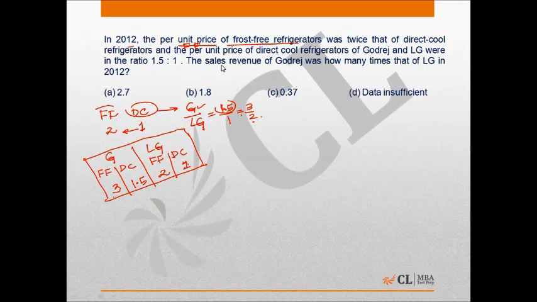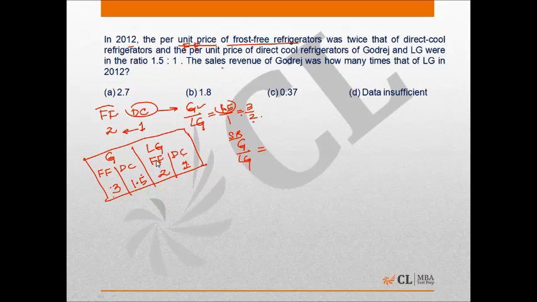So we need to calculate the sales revenue of Godrej, and it was how many times that of LG. So we need to calculate sales revenue of Godrej upon LG. Let's calculate how many units of Godrej we had. We will calculate the number of units, we'll multiply it by corresponding values, and then we will add them.